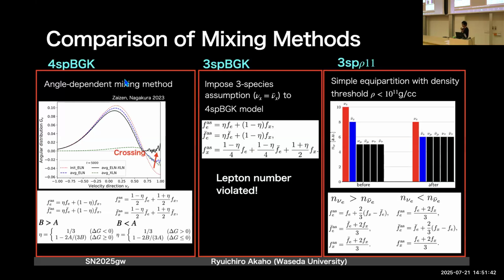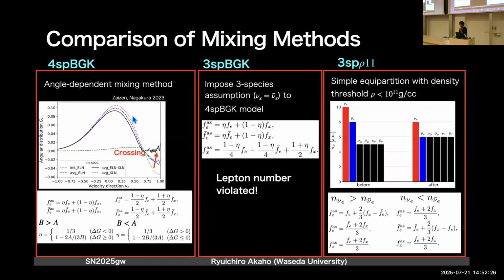We compare three mixing methods. The first one is meant for four species, BGK, and this is the most robust method in our result, and it is an angular dependent mixing method. As Masamichi Zaizen, who presents tomorrow, found in his calculation, FFC works to eliminate the crossing.